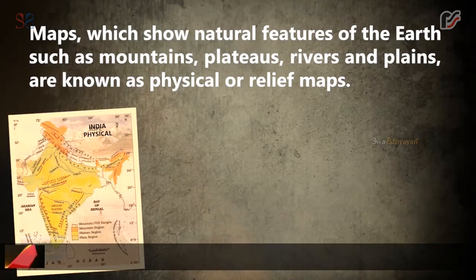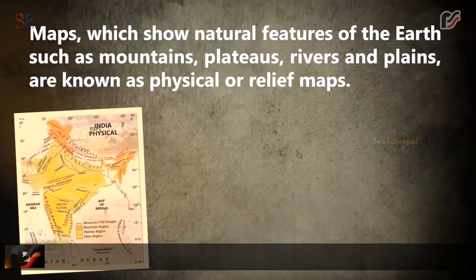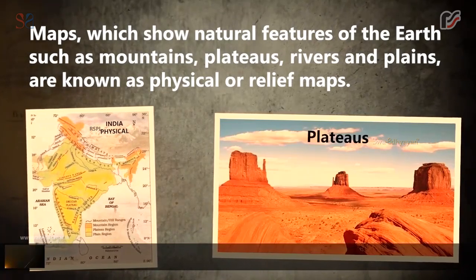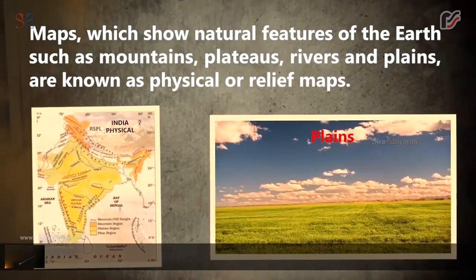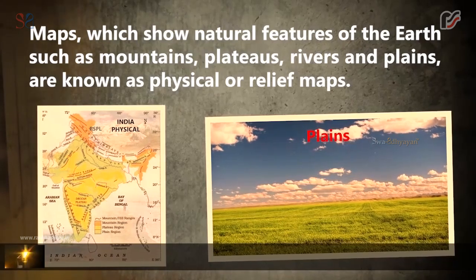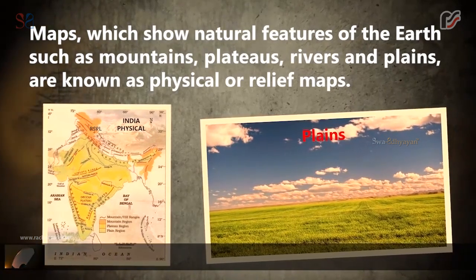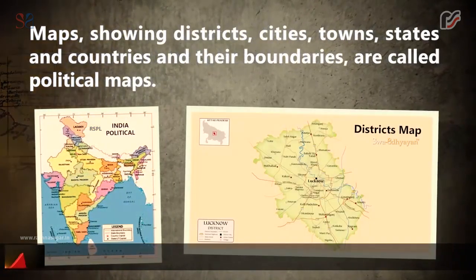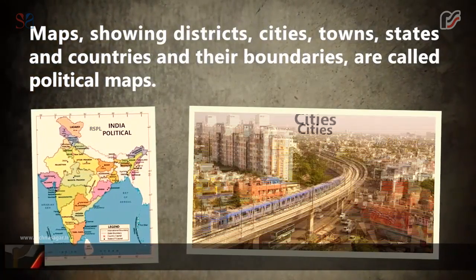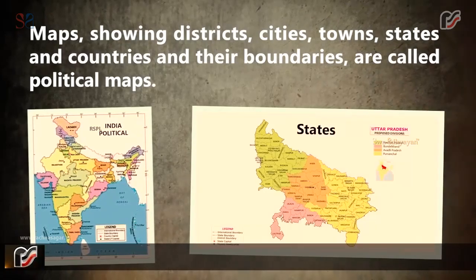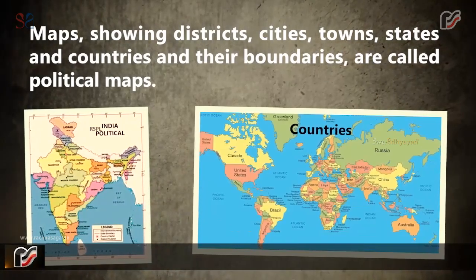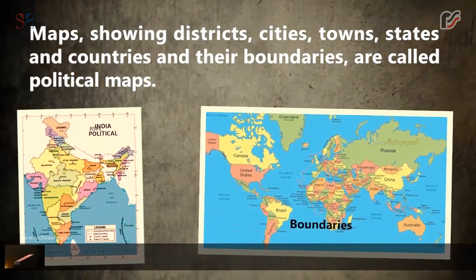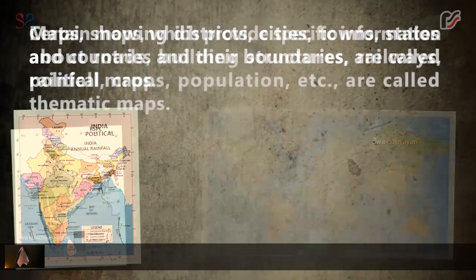Maps which show natural features of the earth, such as mountains, plateaus, rivers, and plains, are known as physical or relief maps. Maps showing districts, cities, towns, states, and countries and their boundaries are called political maps.